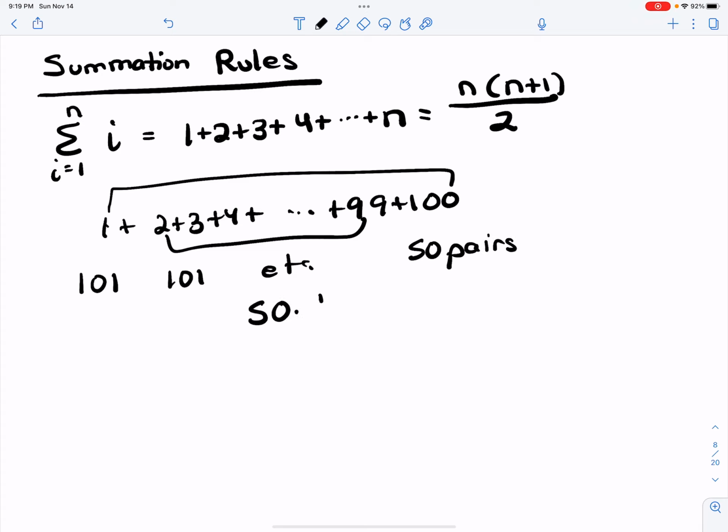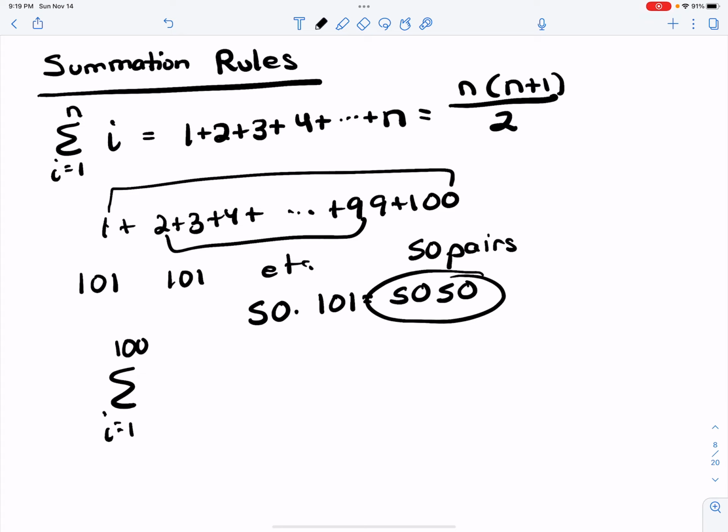So 50 times 101, which gives him 5,050. He saw that pretty quickly. But your formula kind of helps you with that, because basically he was taking i equals 1 to 100, summing the i's. So you have 100 times 100 plus 1 over 2.